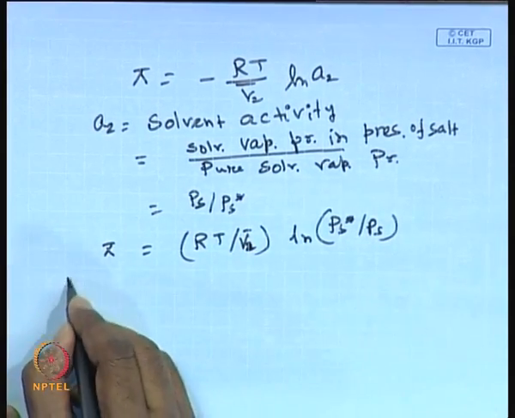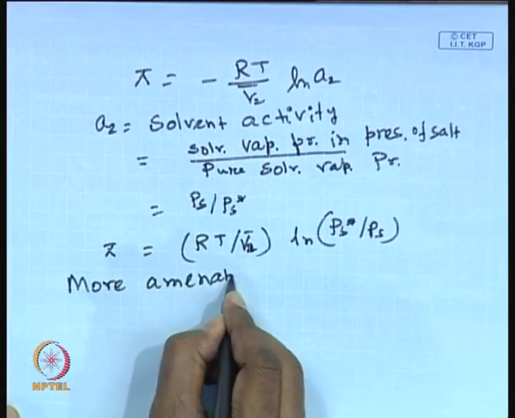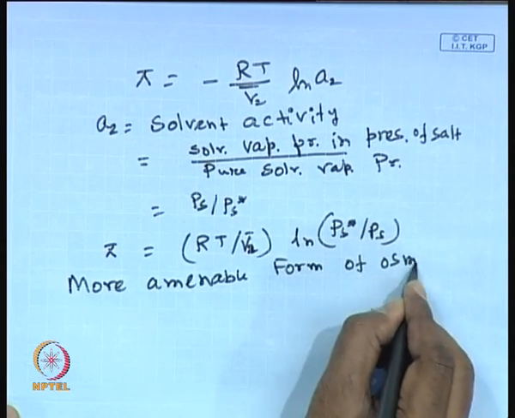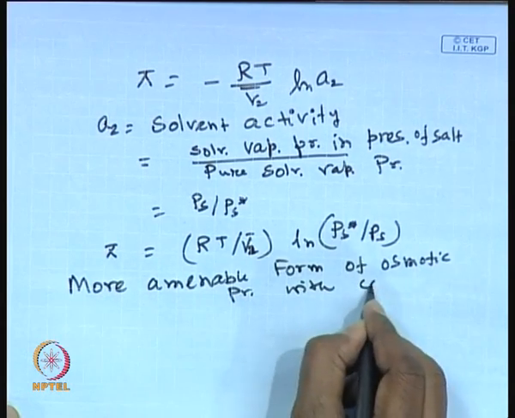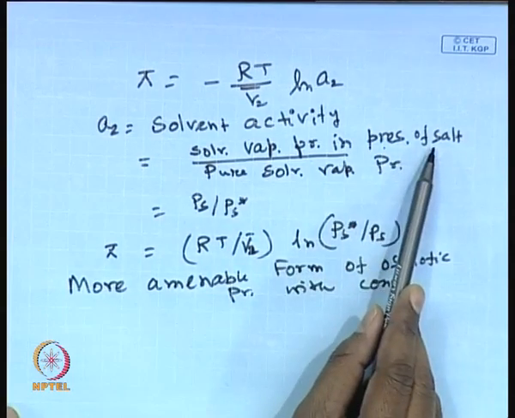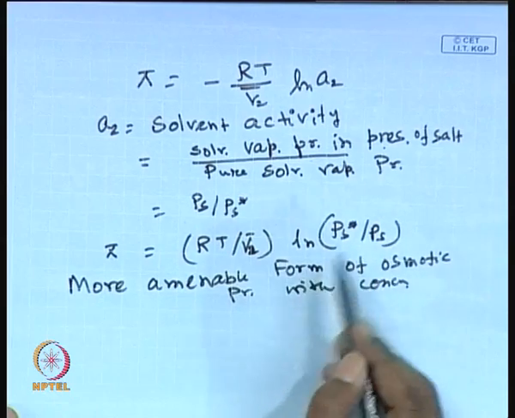So, therefore, a more amenable form of osmotic pressure with concentration is needed, because solvent vapor pressure in presence of salt is entirely a function of the salt concentration. Okay. So, it becomes very difficult.